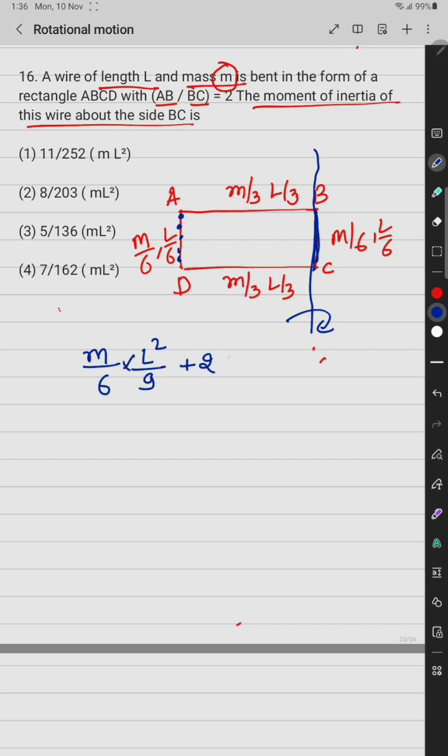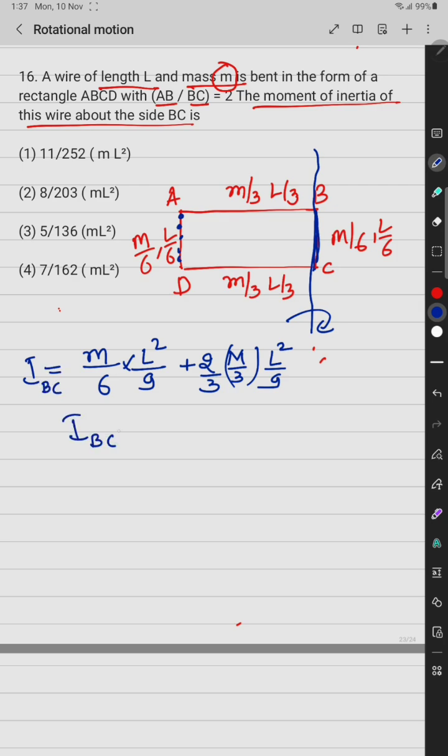For the two rods about their ends, the mass is m by 3. So it is 1 by 3 of 2 because mass into length square by 3 is the moment of inertia of the rod about its end, and the length is L by 3, so L by 3 squared, L square by 9. That is the total moment of inertia about BC.